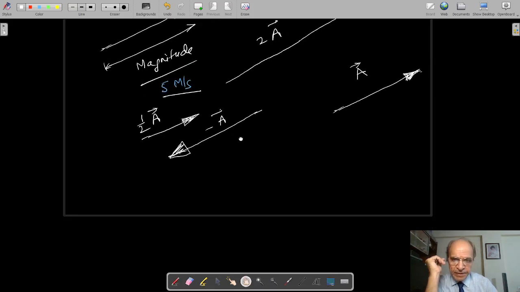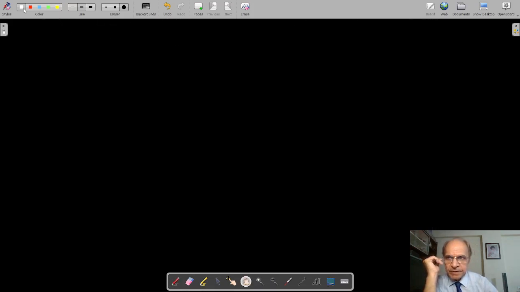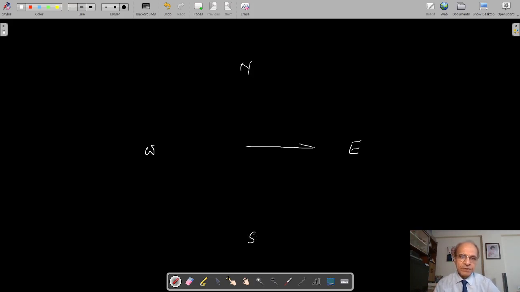Say for example, in real life, if this is east and this is west and this is north and this is south, then we can say this is a vector directed towards east, this toward the north, this towards west, or this towards south.